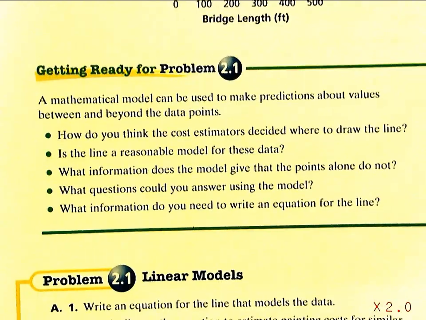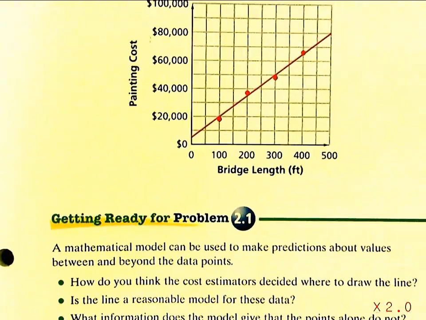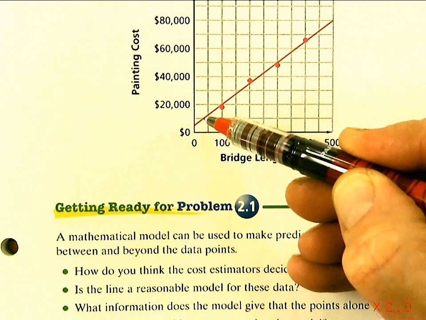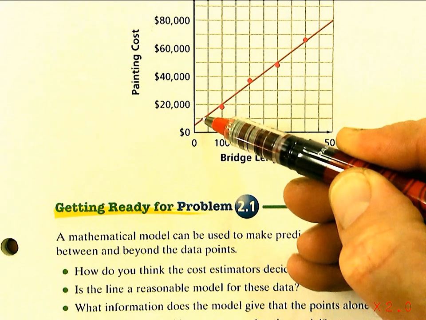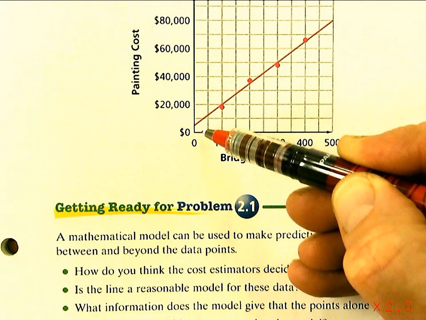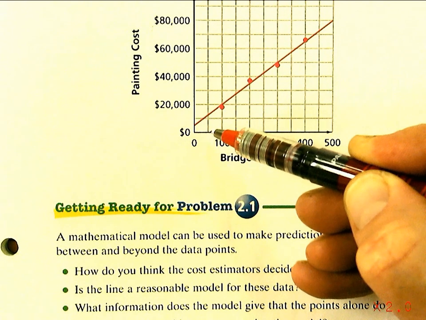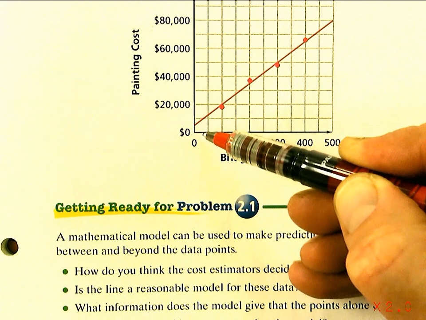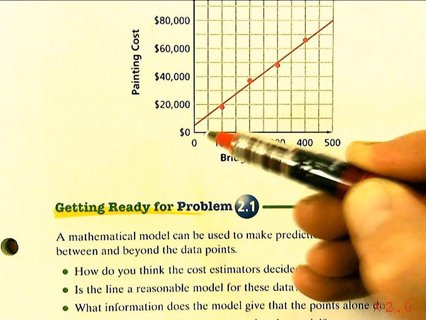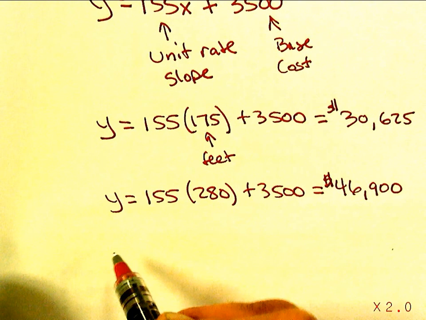If it's $10,000, there's 20, there's 0, there's 10. It looks like it's going to be right in there. That's only going to give us about 25 feet of bridge length for $10,000. I can also work backwards in this case.